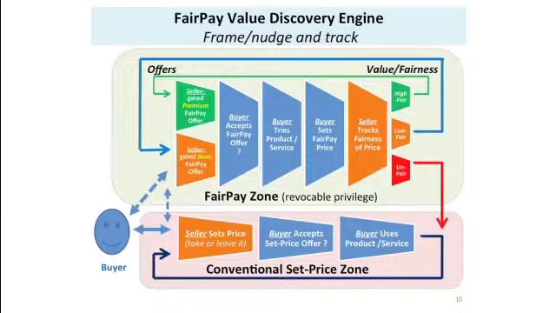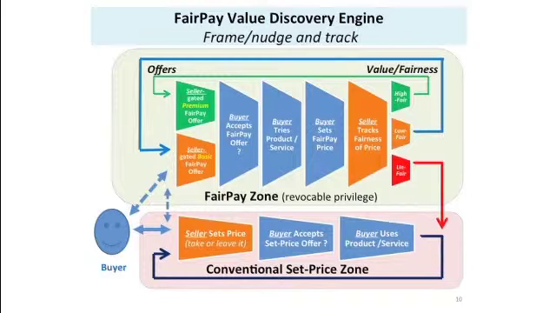So you're constantly nudging them toward their suggested prices as they evolve, and you're constantly testing and reviewing the value propositions and the offers, framings, and incentives as you go along. So this, we can get into in Q&A if anyone wants the details, but you can think of this as a value discovery engine that's doing this framing, nudging, and tracking.